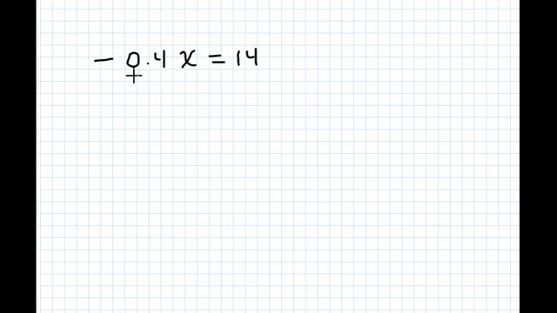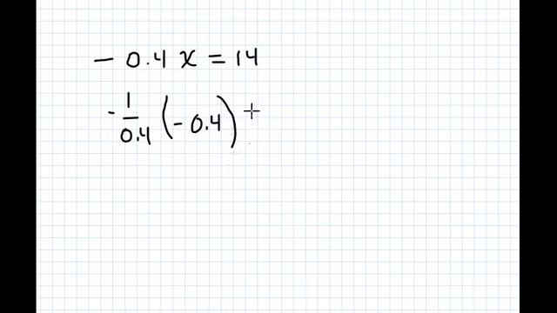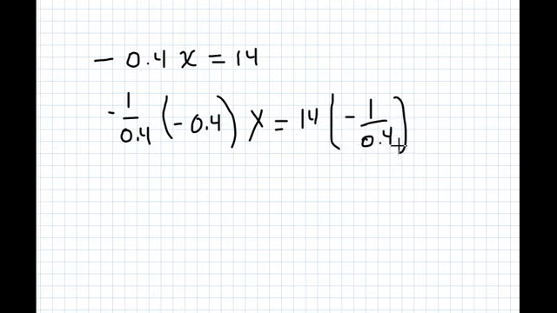Alright. We have negative 0.4 times x is equal to 14. So this time I'm going to multiply by negative 1 over 0.4, its reciprocal. Rewriting, x is equal to 14 times negative 1 over 0.4.